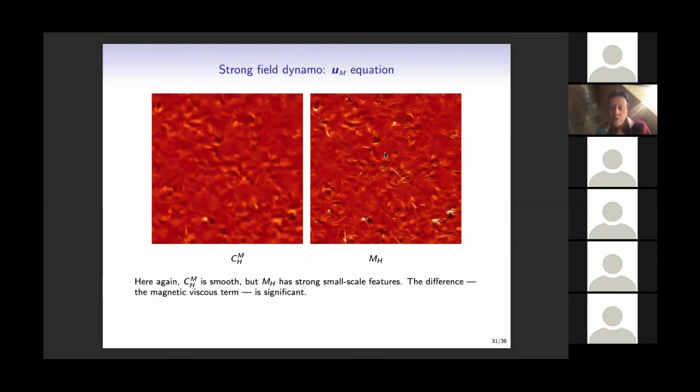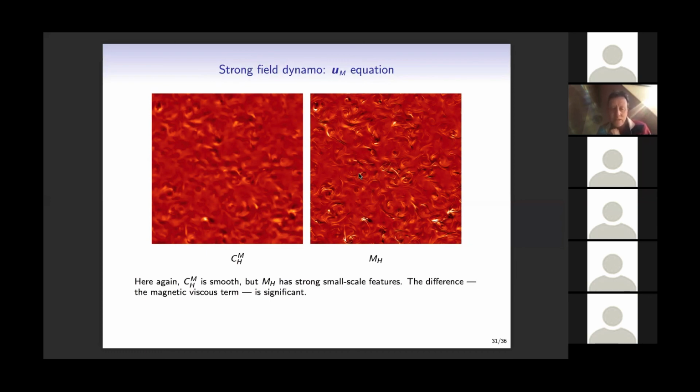This is the equivalent for the strong field case. The left-hand side is the projection of the Coriolis of the magnetic velocity, and the right-hand side is the projection of the magnetic term. And they differ. They are not offset. At least in the parameter regime where we are, you cannot offset Coriolis with Lorentz.